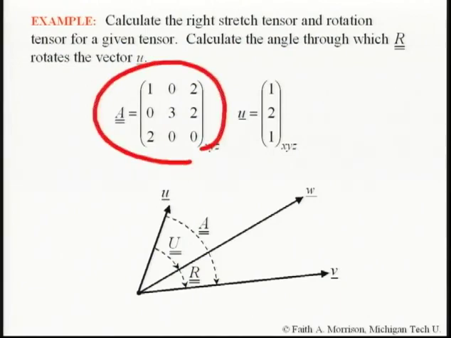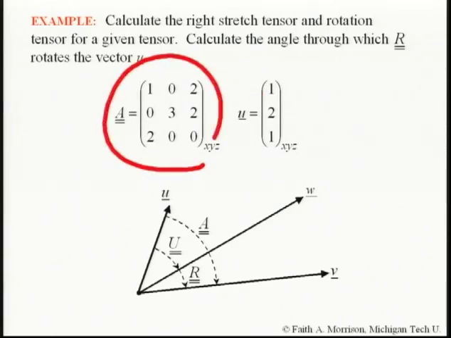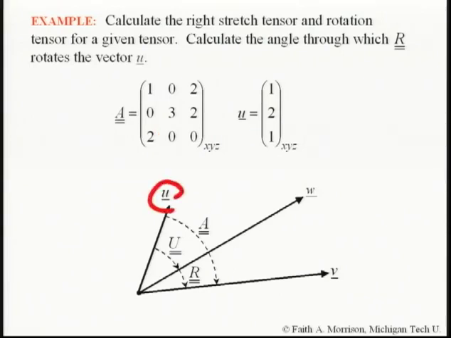You can pick a tensor A, and this tensor A can act on a vector u. And if I act this tensor A on this vector u, the vector u becomes a vector v. So that's just normal. A dot u is v. And so A had the effect on u of rotating it and stretching it.